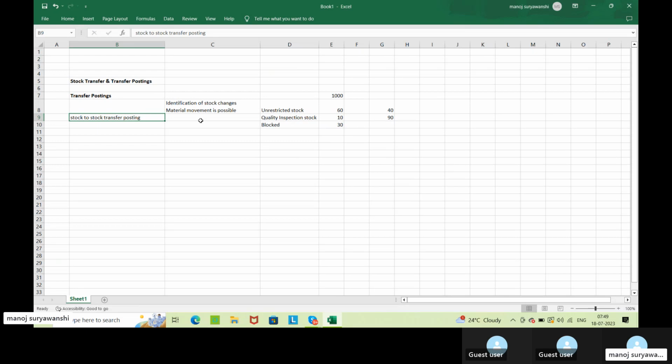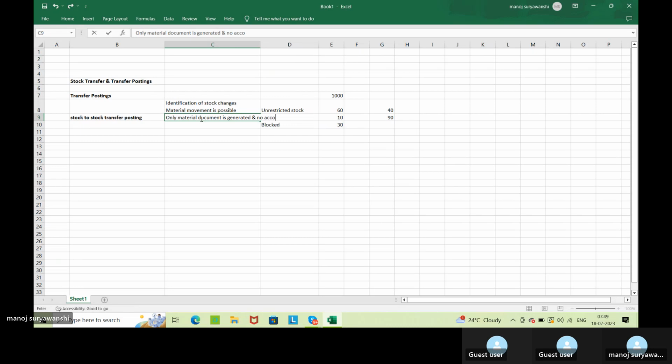No accounting document is generated. Why? Why is accounting document not generated?